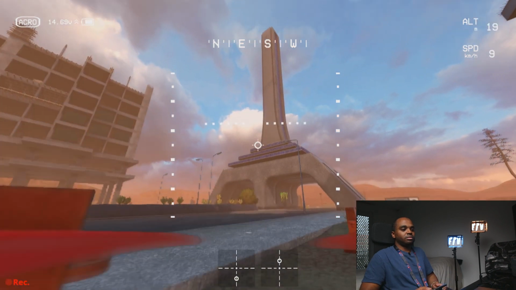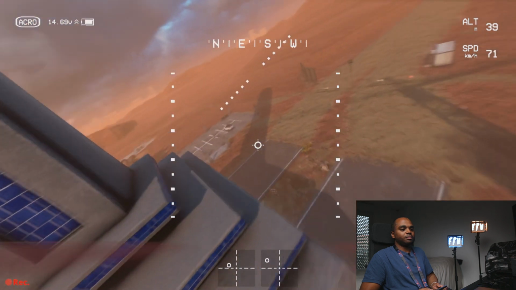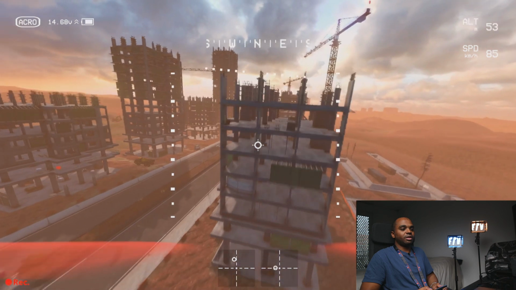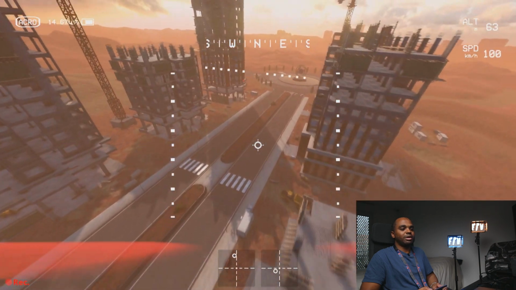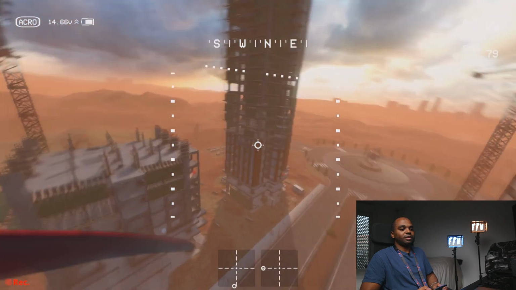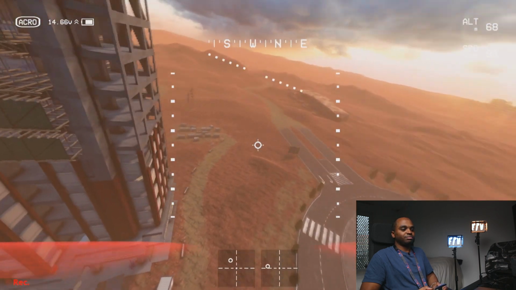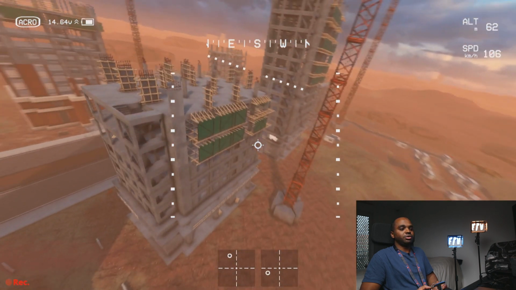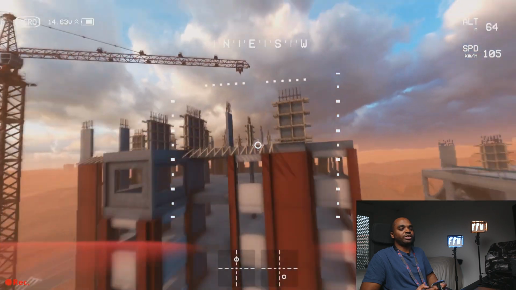Let us go. Yeah, I would define the 30 degrees as a more aggressive cinematic. Now I can use the yaw joystick if I want to turn left or right.